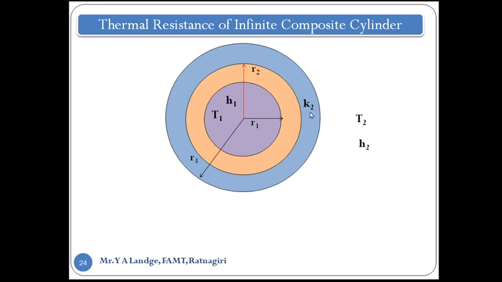K2 is the conductivity of the second material lagged on the pipe, and K1 is the conductivity of the material which is near to the pipe. So there are two materials having different conductivities K1 and K2. These two are wrapped on the cylinder, or we consider this is the pipe with different radii.